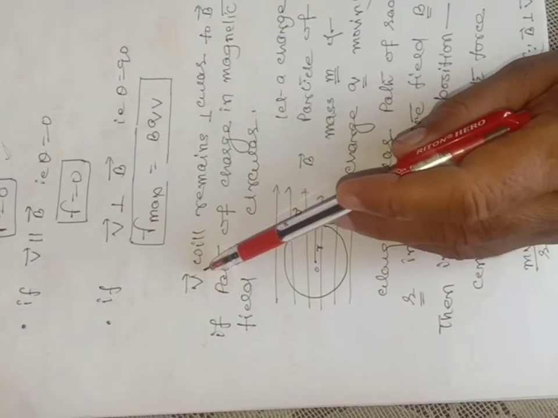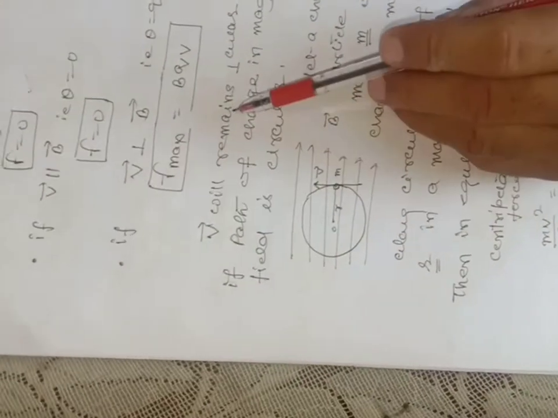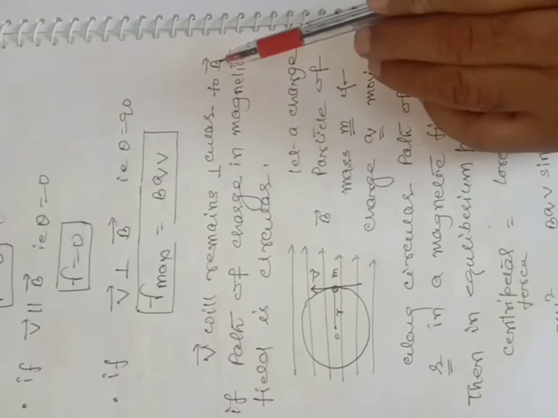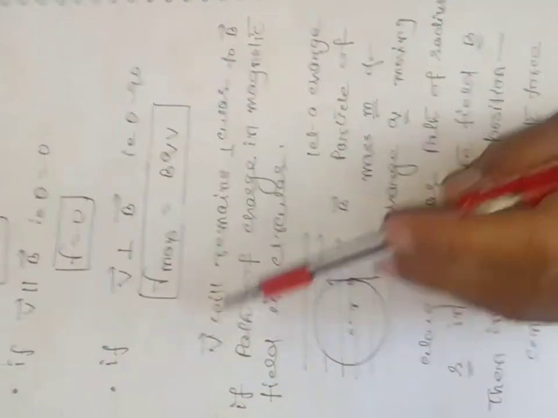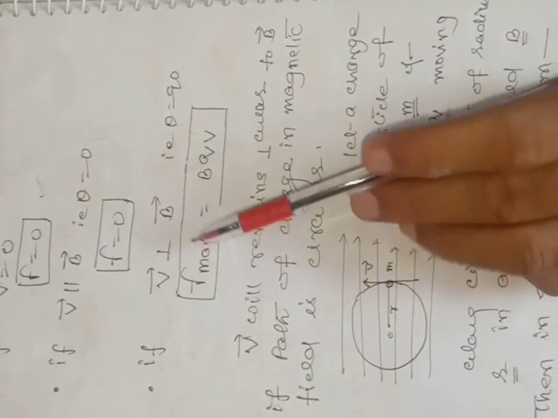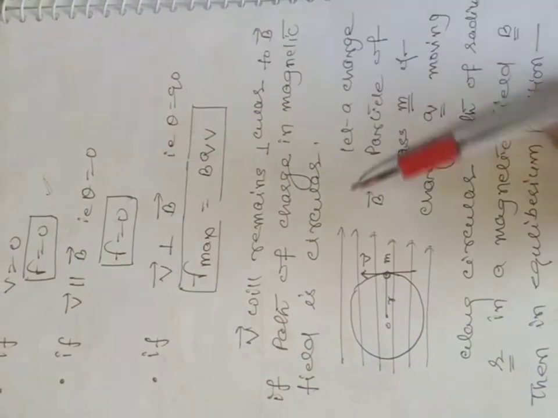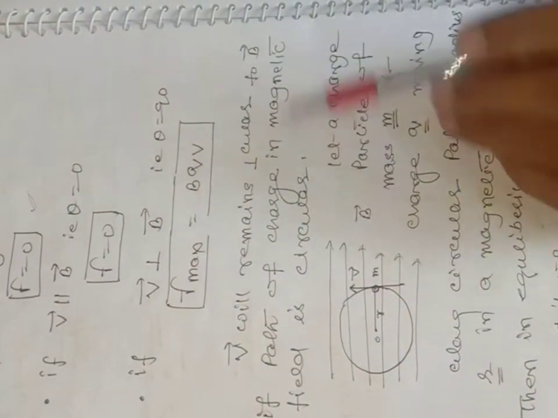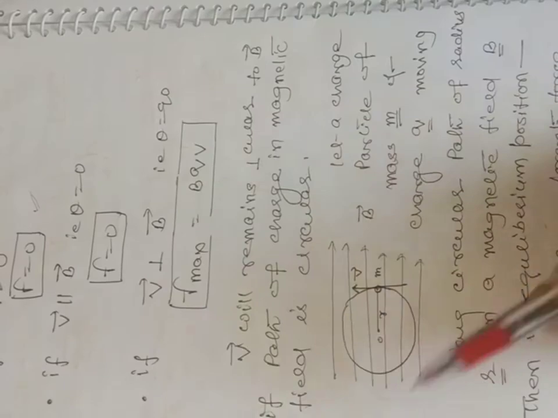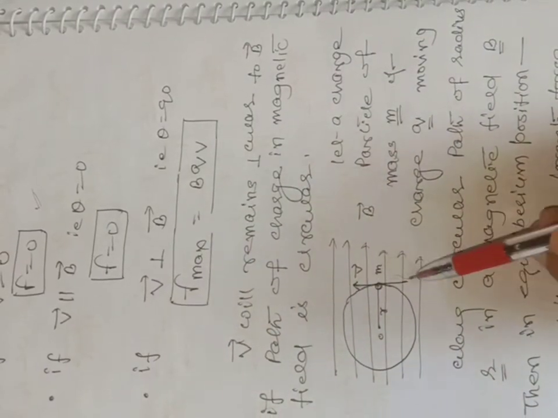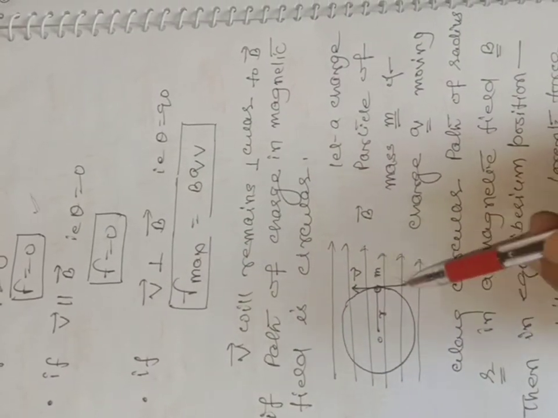So vector V will remain perpendicular to B. When will that happen? In this case the Lorentz force is maximum when the path of the charge in the magnetic field is circular, because during circular motion, as you know, the direction of velocity is always tangential to a point of the circumference.